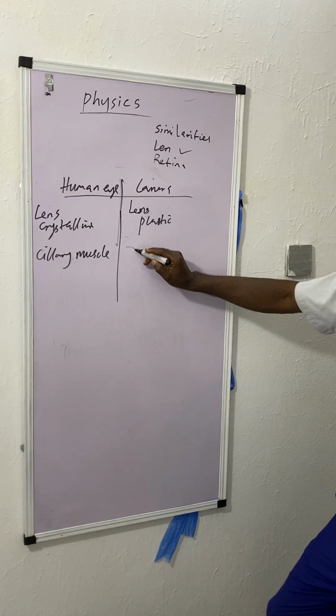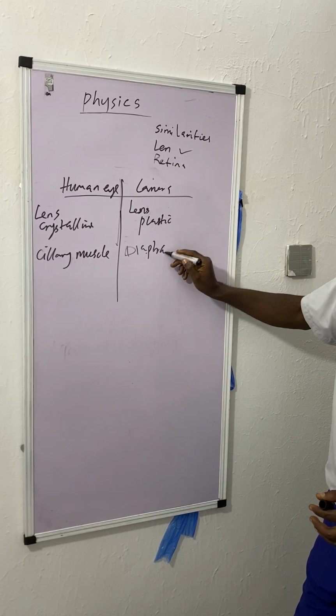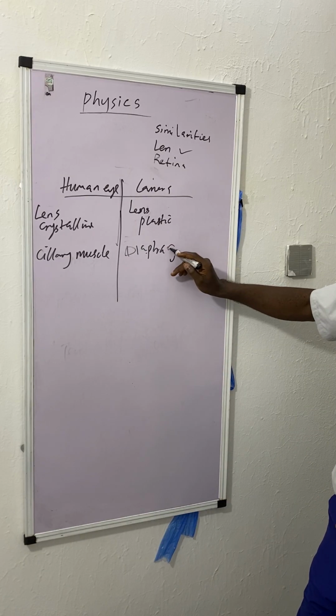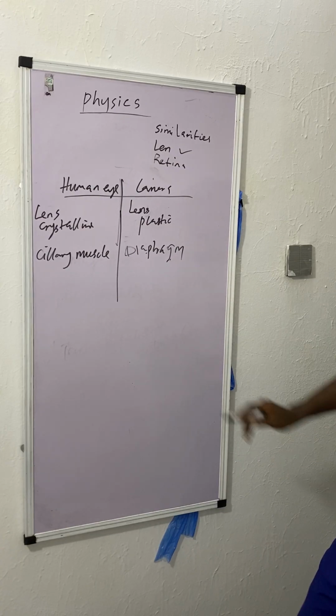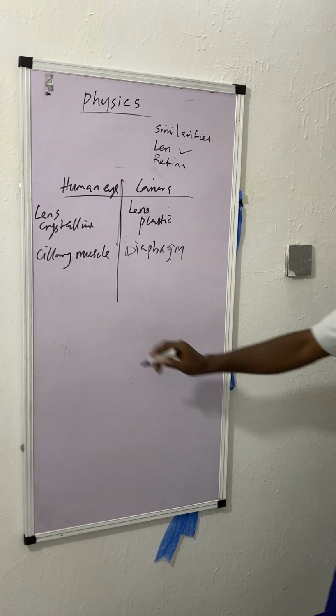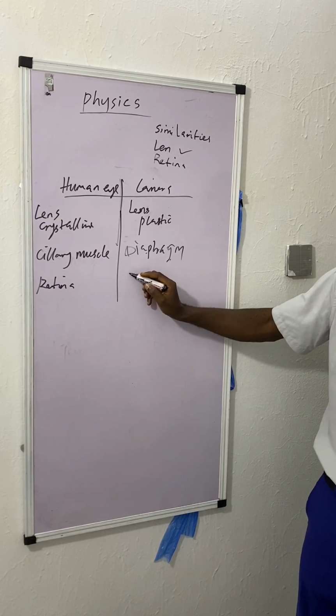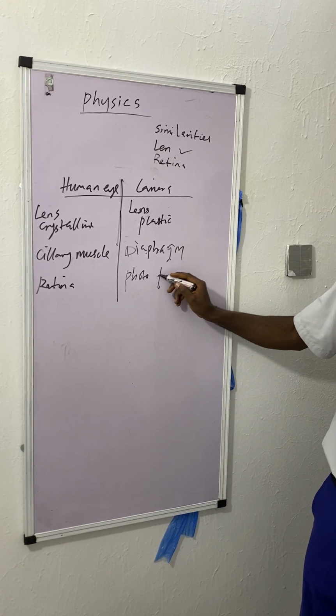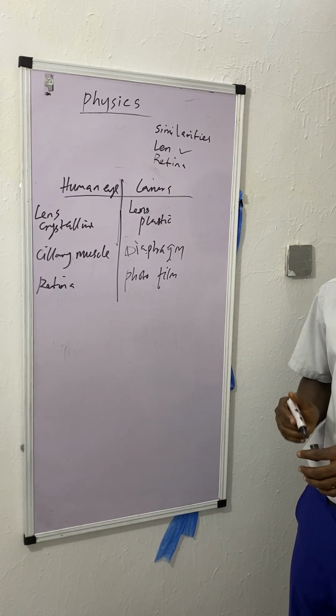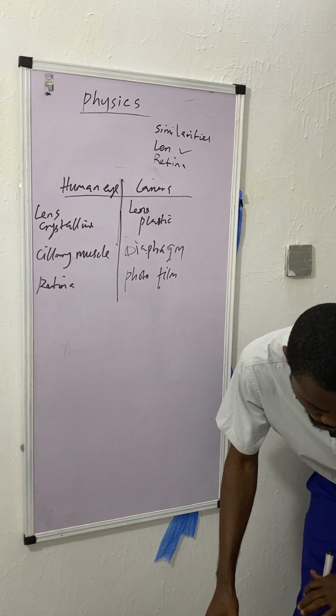But here we have a diaphragm. We have the retina, and in the camera we have photographic film. Which other thing again do we have? I think those are the most common.